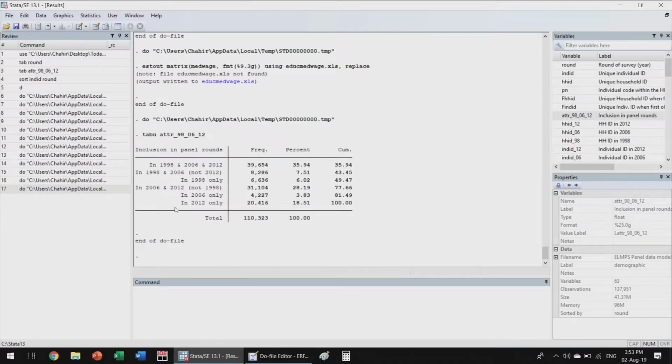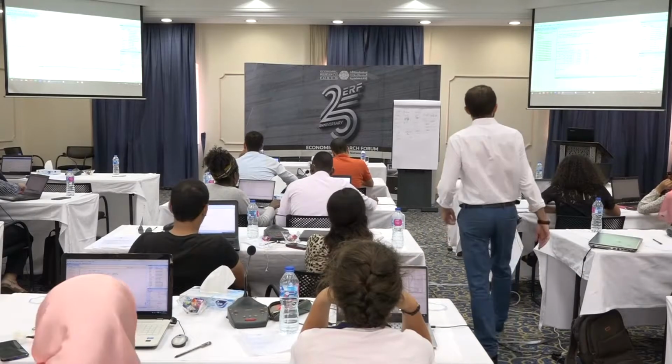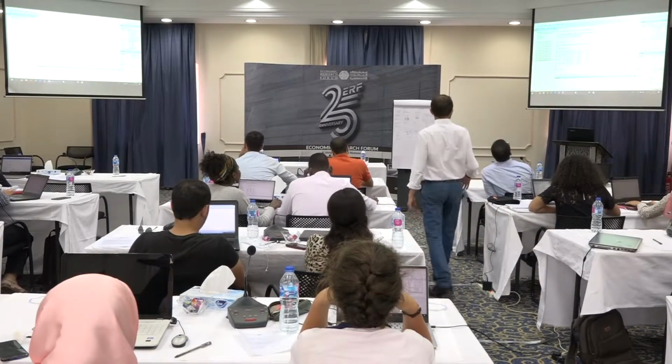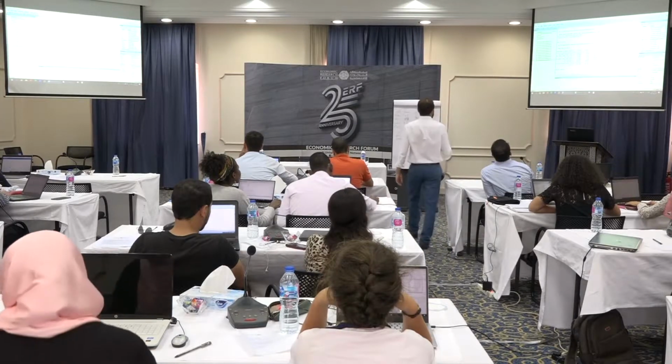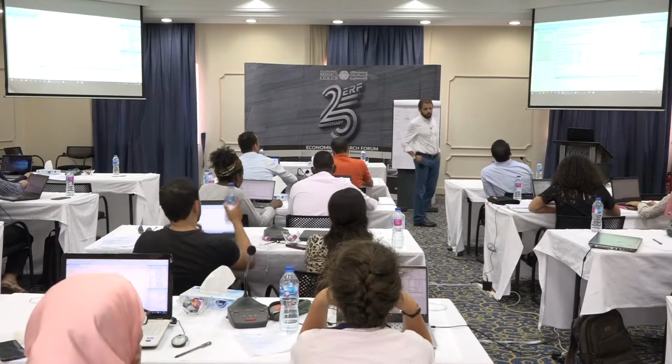Who are the individuals of categories 1 and 4? From this table, how can I understand which category is 1 and which category is 4? What do you think? Because what STATA gives me here is the label itself, meaning that 39,000 individuals are present in the 3 rounds, 8,000 are present in 2 rounds, 6,000 are present in 1 round, and so on and so forth.